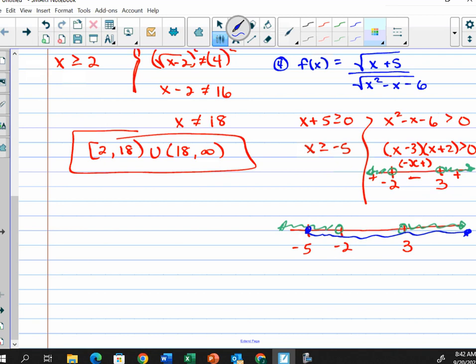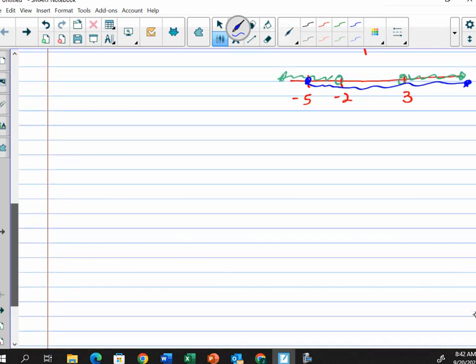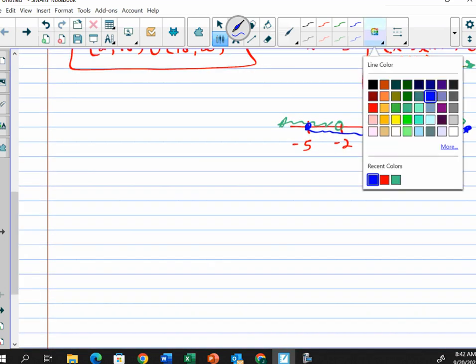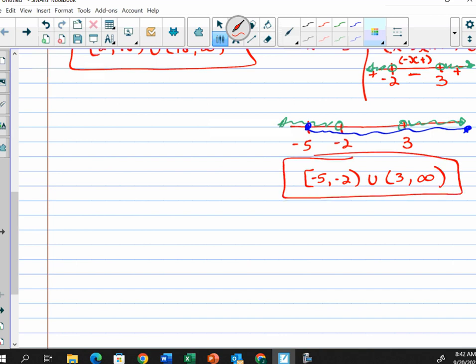Okay, does that help you see where they overlap? So your answer here would have been hard bracket -5 to -2 parenthesis, union parenthesis, 3 to infinity. Yeah, okay, good work.